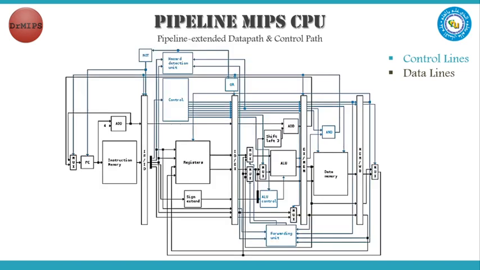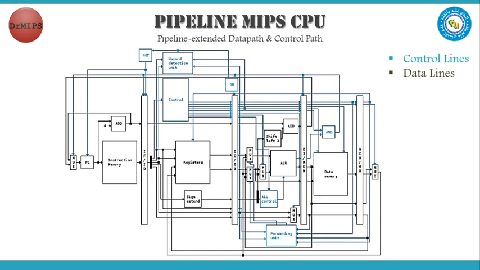So here is the pipeline MIPS CPU, and this is the pipeline CPU data path with all available functionalities like forwarding and stalls. It has the forwarding unit in the right bottom corner, and in the left upper corner you can see the hazard detection unit.